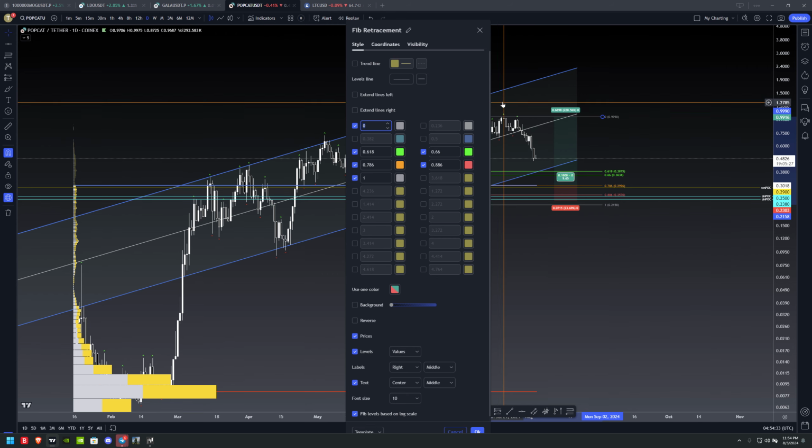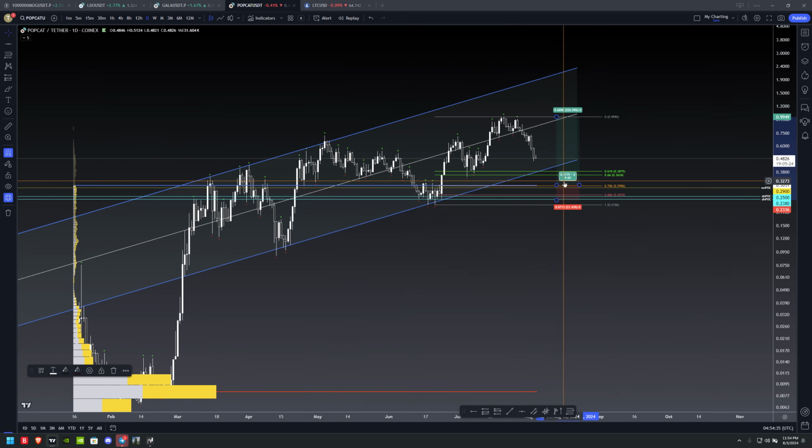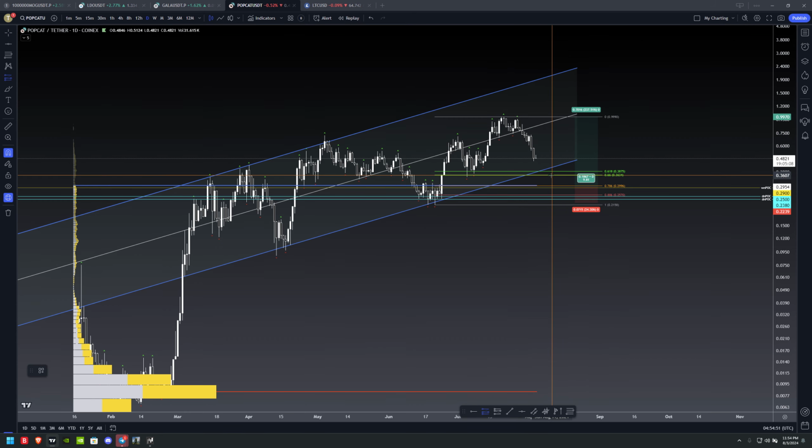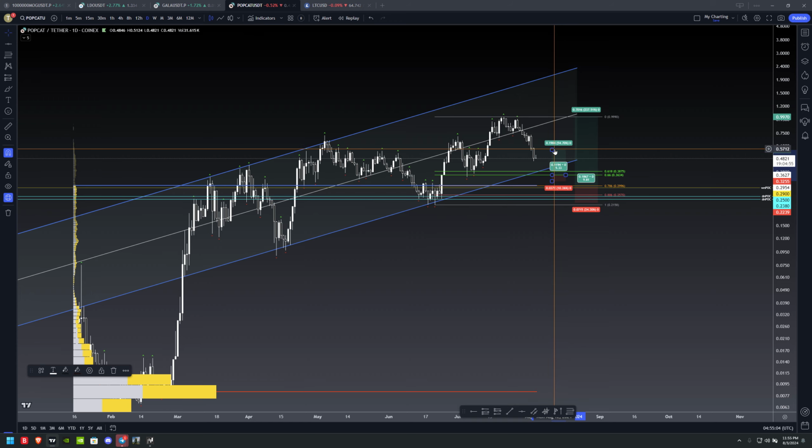If you want to play the best of both worlds, you could have your stop loss, technically, these two lower lows below. Could give you a better risk to reward here.